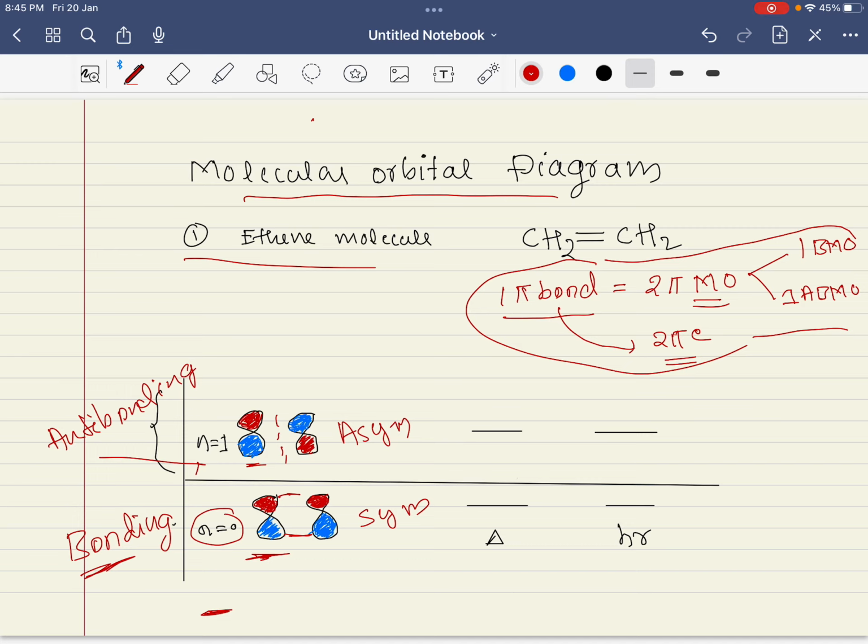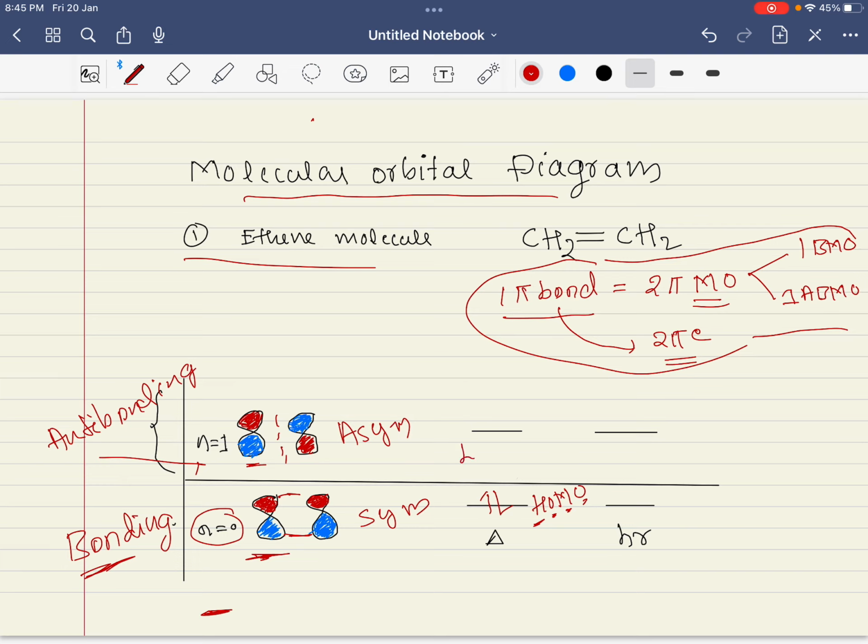And I told you the ethene molecule will have 2 pi electrons. In the ground state, in thermal condition, the 2 pi electrons will be over here. So this is the HOMO. H means highest, O means occupied, M means molecular, O means orbital: highest occupied molecular orbital.